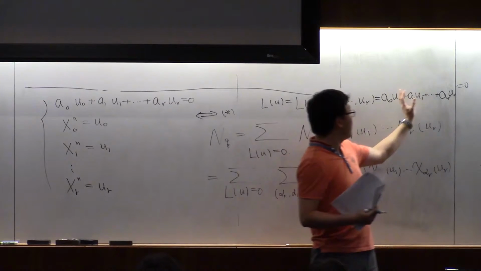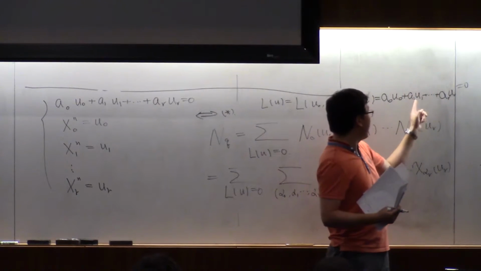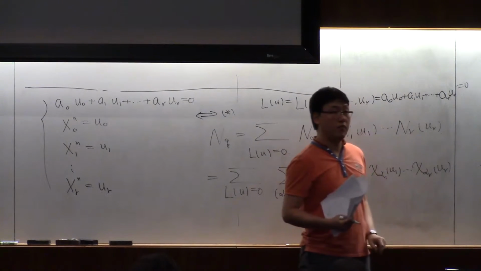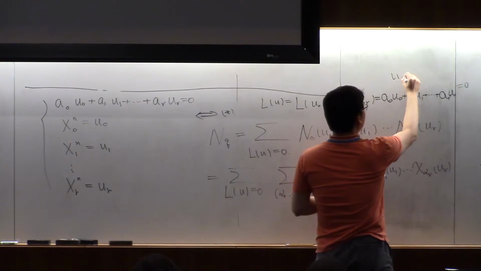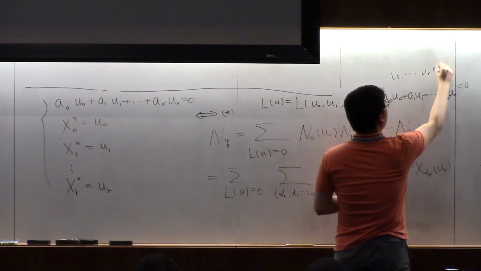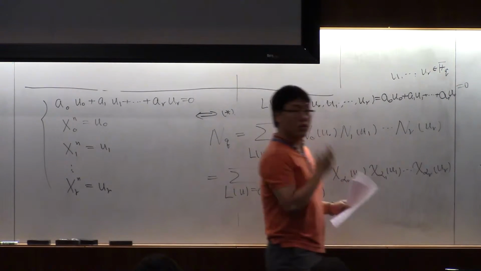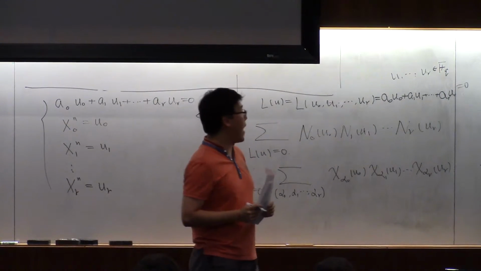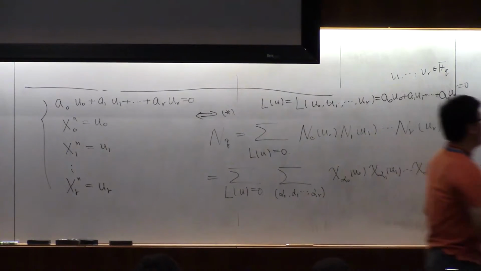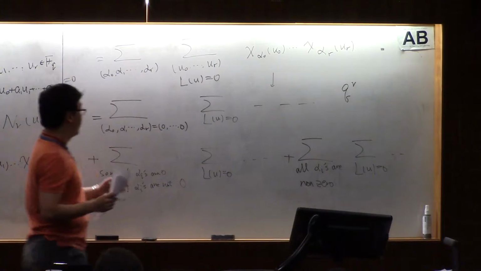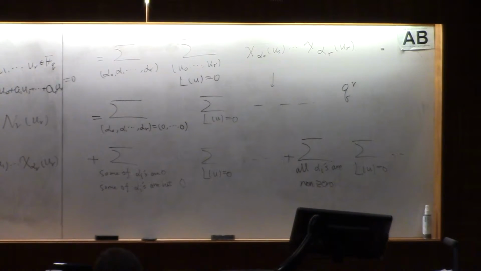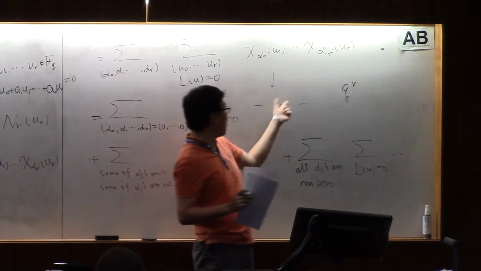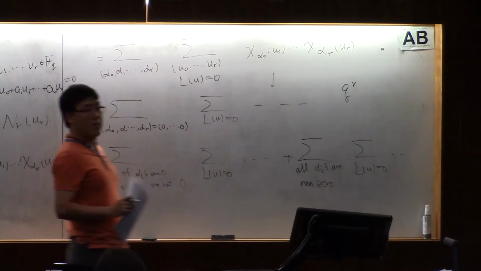On the other hand, there is no more restriction on the values of u1 to ur. For each of these u1 to ur, they can take values in the finite field with q elements. So in total, you should have q to the r solutions to this linear equation. In other words, you have q to the r once in the first summation.